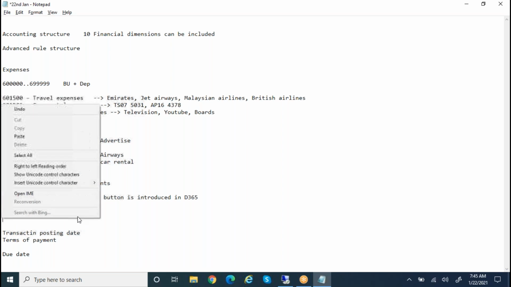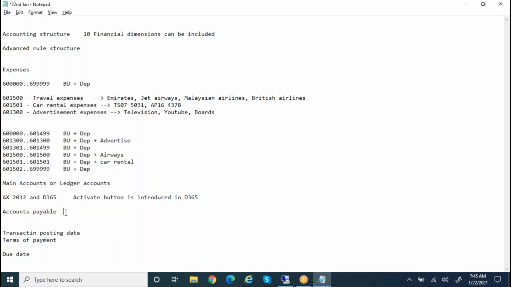Accounts payable or accounts receivable, both sides will have it. Now I am introducing new terms: terms of payment and due date.